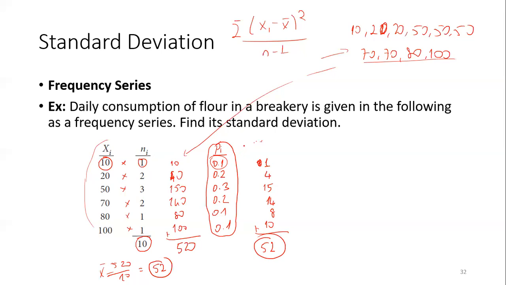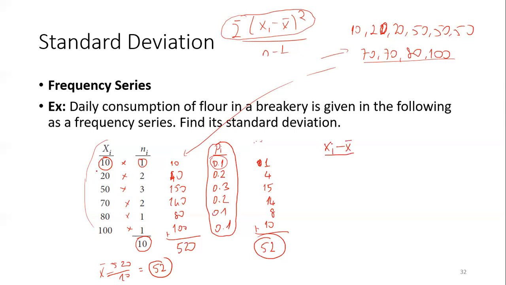Now, how to find the variation. In order to find the variation, we sum the squared differences of all of the data. So let's say this is xi minus x bar.